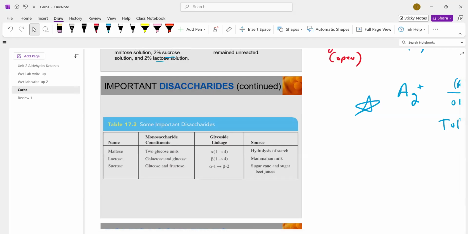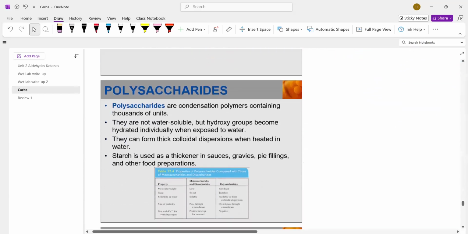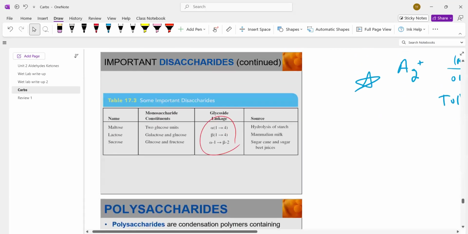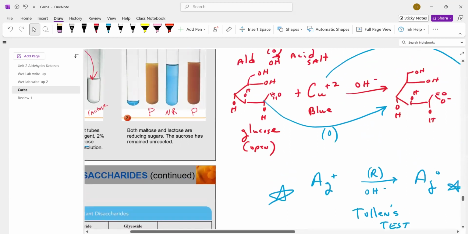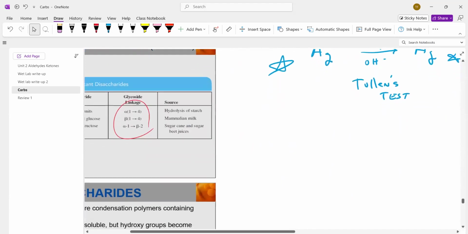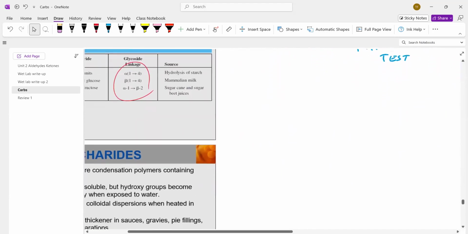Okay, here's a quick rundown on the disaccharides linkage-wise. Okay, so what I want to do is look at lactose. Lactose is galactose and glucose.